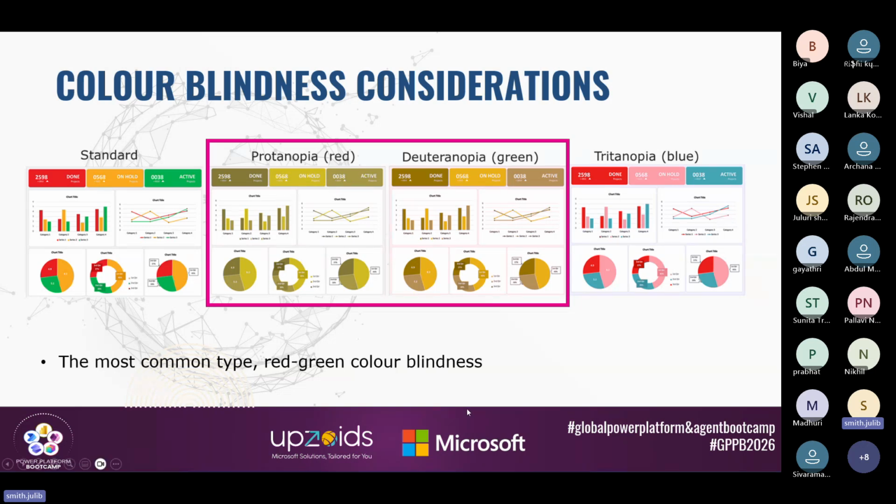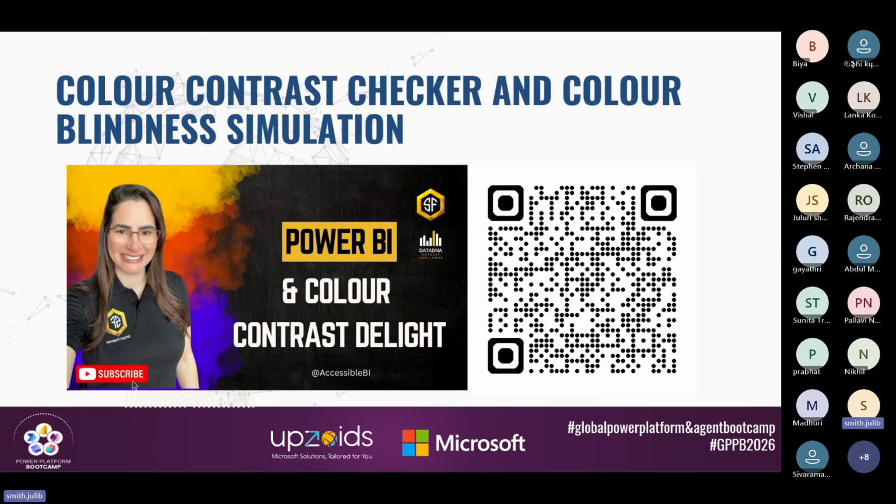And it makes it difficult for individuals to distinguish between these two colors. And for them, if you have a classic red, amber, and green visualization, it can become confusing or even unusable.